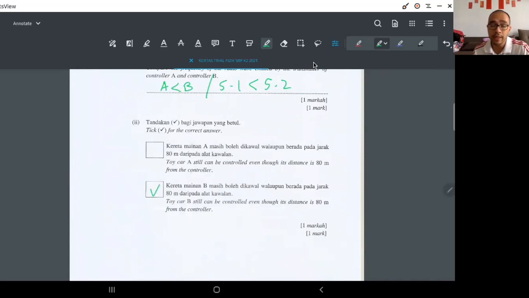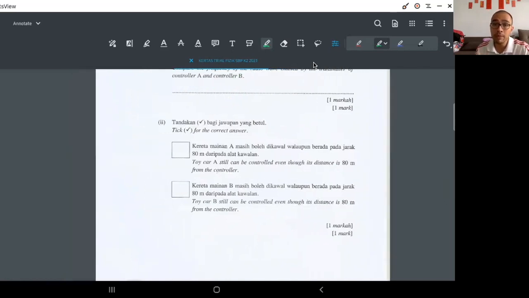And yes, I know some of you who are extra smart will say, oh, this question now only shows 60 meters, so it doesn't tell me that 80 meters. You know, if you look at toy car A, does it mean that the 80 meters cannot? Yeah, it may be that it can or cannot lah, but you don't know for sure.